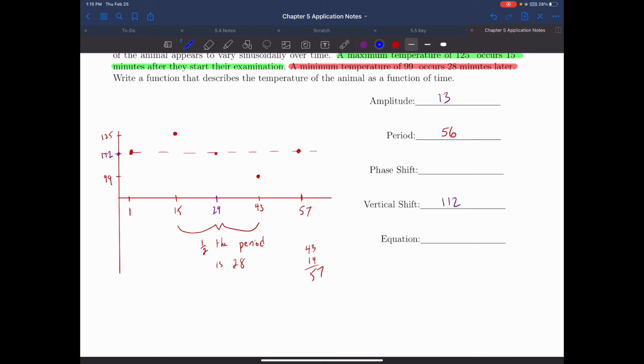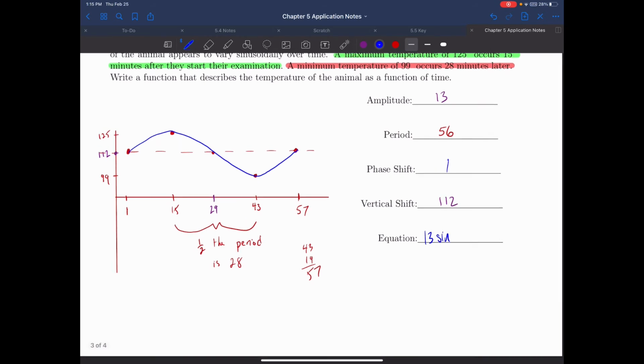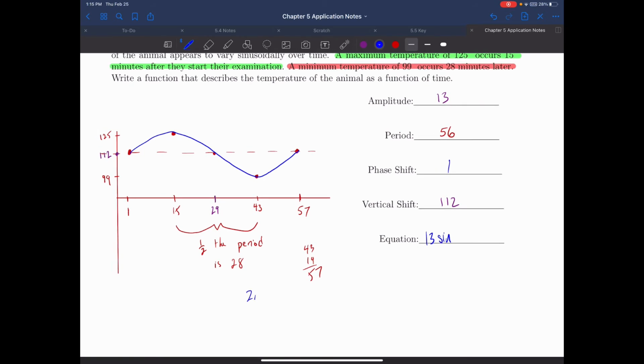Okay, so I'm going to draw this function. So we have a sine wave, it looks like. So I'm going to write sine down here, fill out the amplitude. So 13 sine. And then we just need to find the omega value and the phase shift. The phase shift is just 1. Omega is going to be 2 pi over omega equals the period.